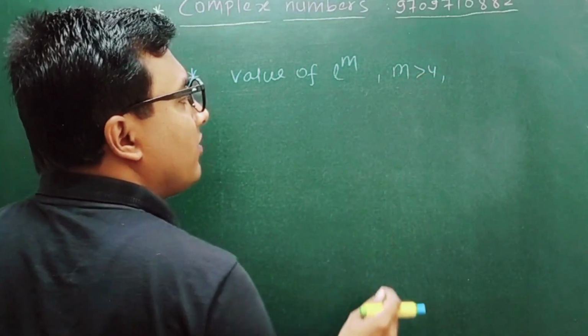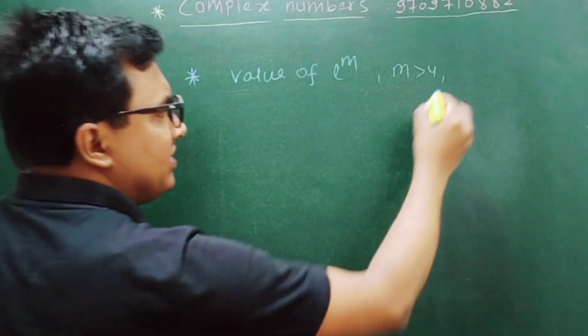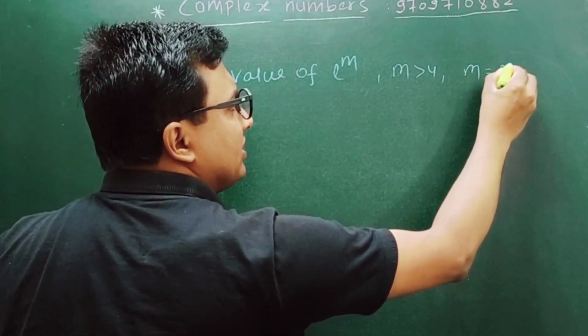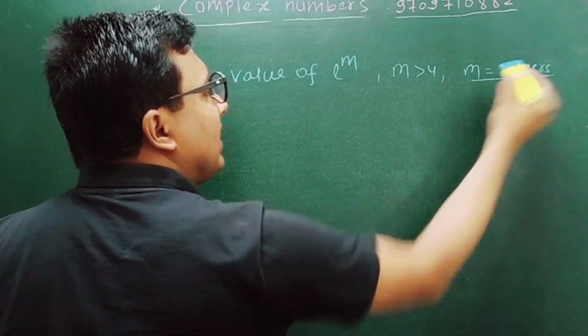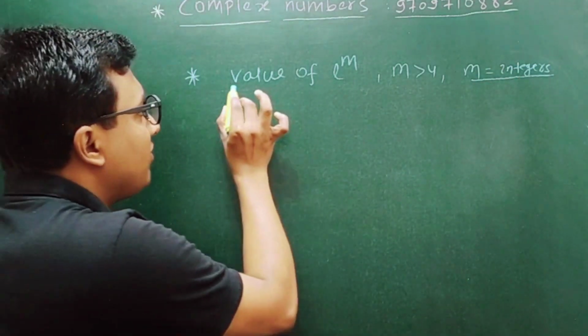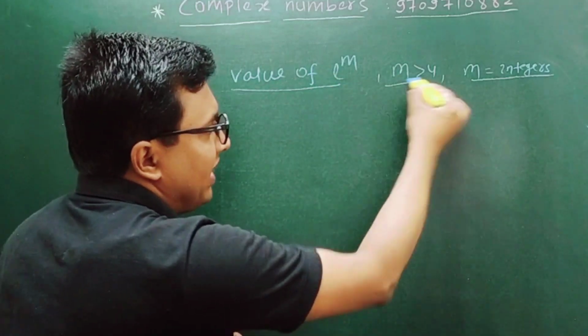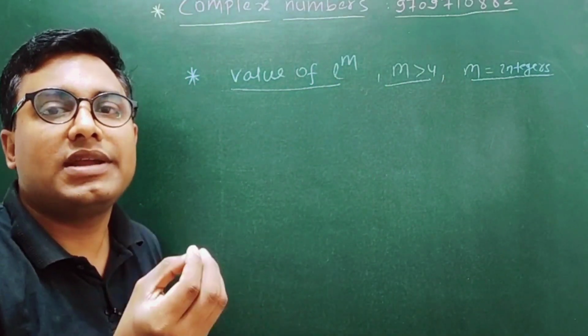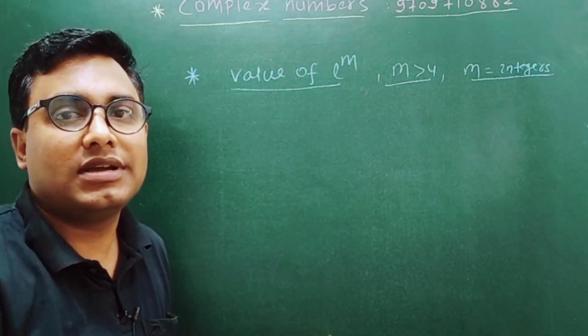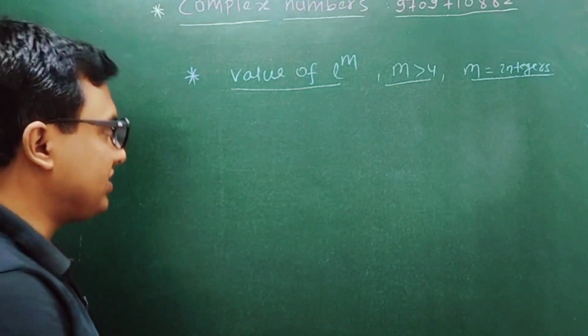What is m? m is an integer, right? What is the value of iota to the power m when m is greater than 4? That means when the power is greater than 4, how can we obtain these values, right?